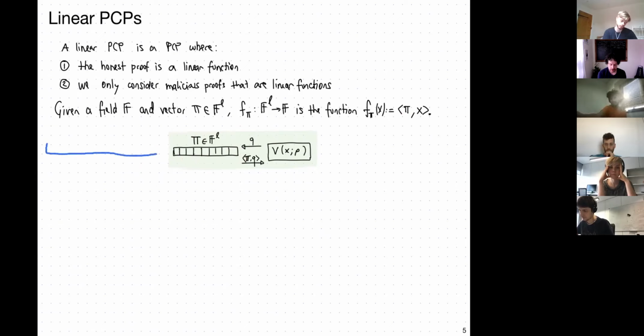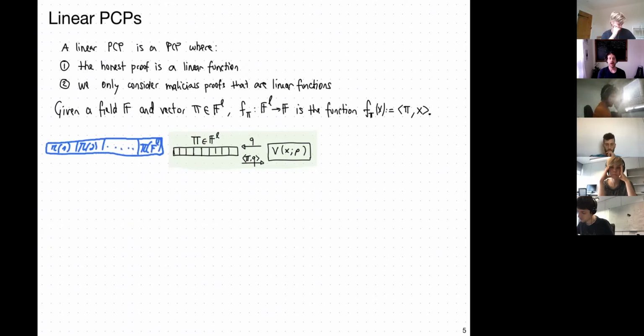One perspective is I can write down the PCP as it is. So this would be f of pi at the first point, f of pi at the second point, until f of pi at the F to the L-th point, so exponentially many places.